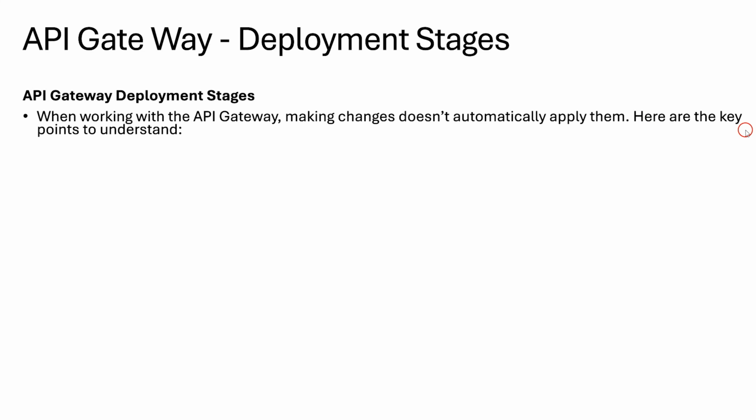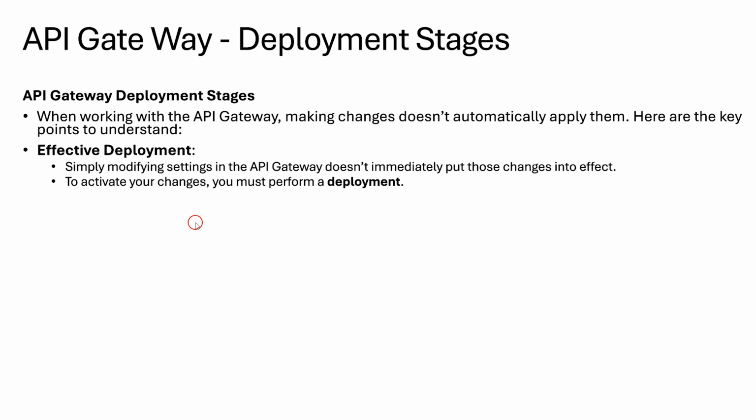So, here are the key points to understand. The first point is effective deployment. When can we say our deployment is effective? If you simply modify the settings in API Gateway, that doesn't immediately put those changes into effect. The changes take effect when you perform a deployment.